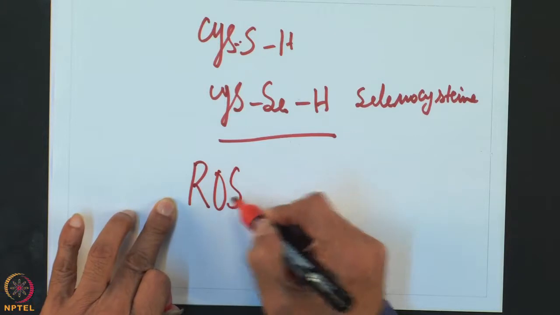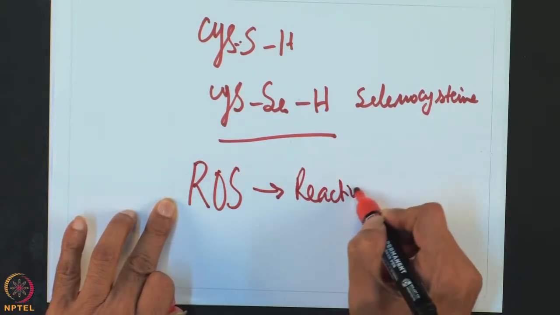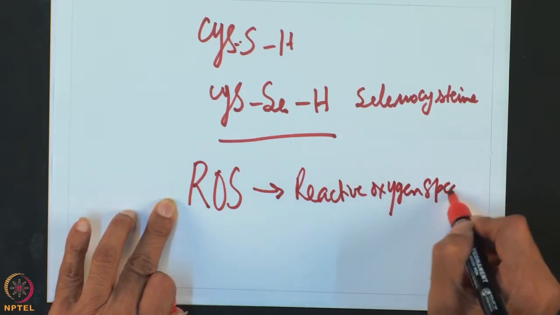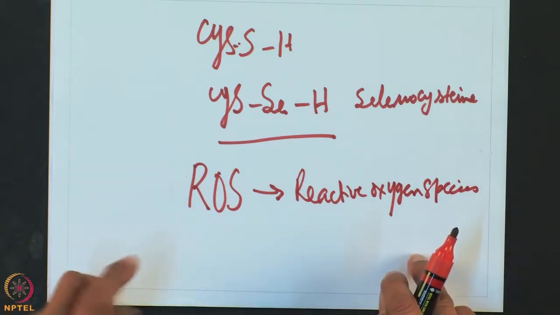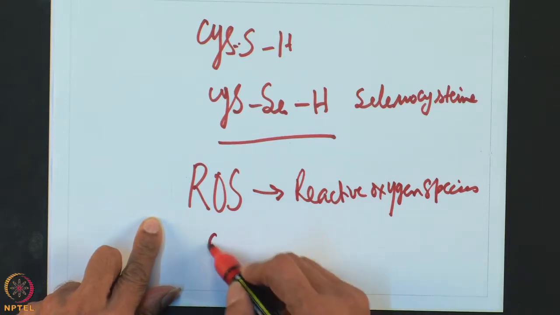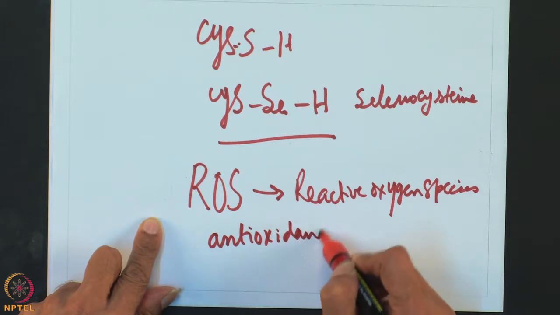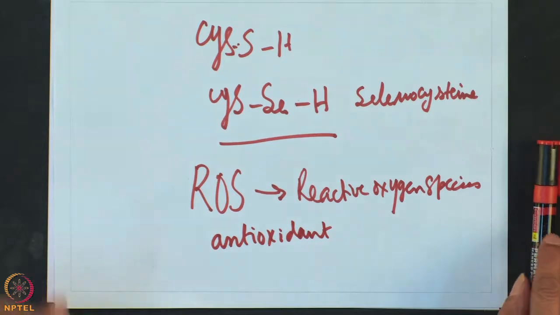These are called reactive oxygen species, as I mentioned earlier too. All of these species are dangerous to the tissue, and removing them means acting as an antioxidant. So, the glutathione peroxidase enzyme acts like an antioxidant because it can remove all this.